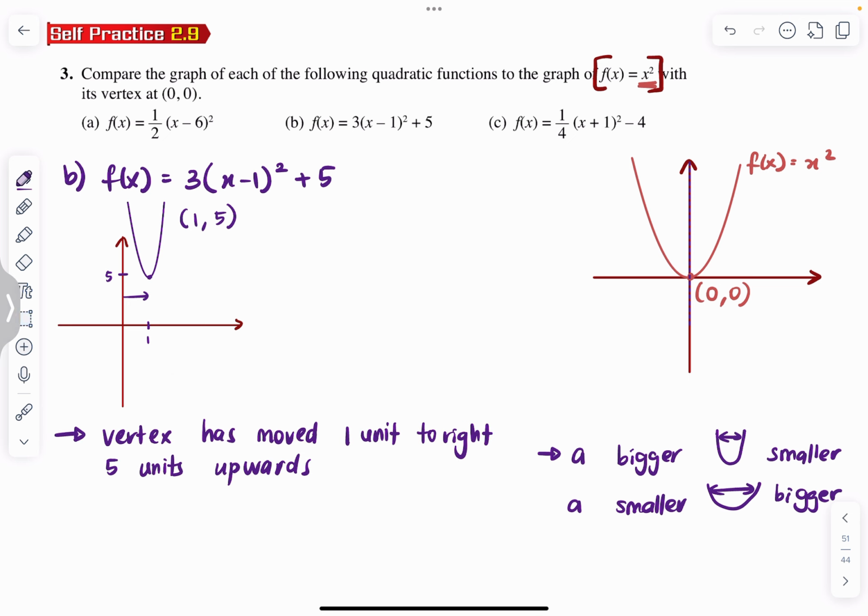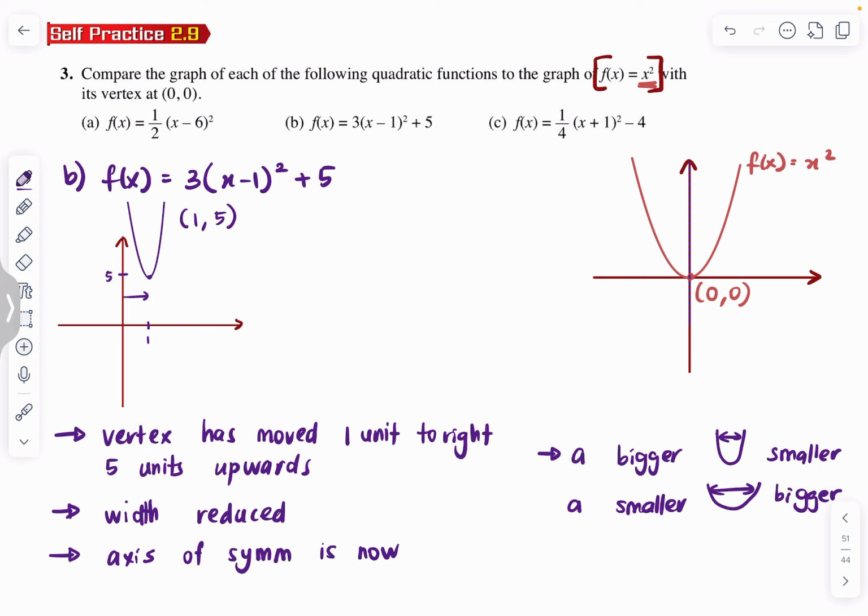Okay, then our width of graph has reduced, and our axis of symmetry is now x equals to 1. Our axis of symmetry is now here. Done. This will be B.